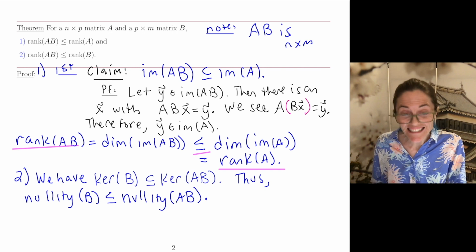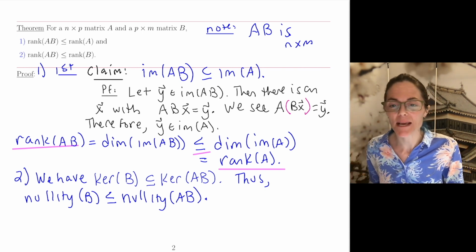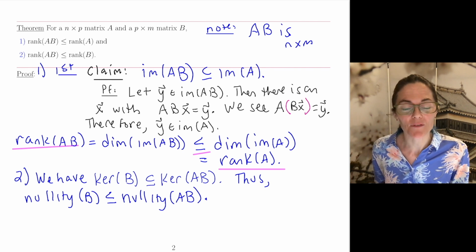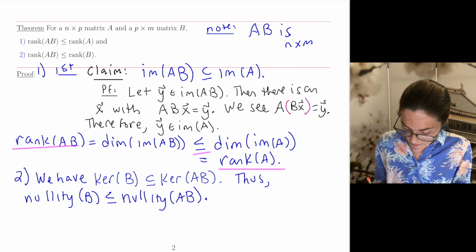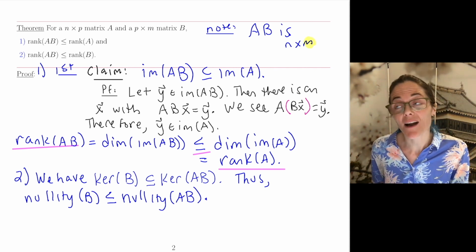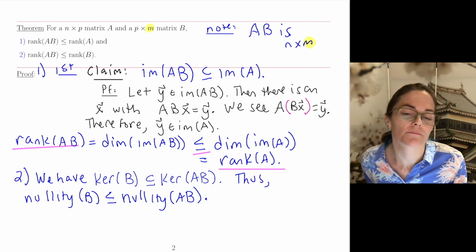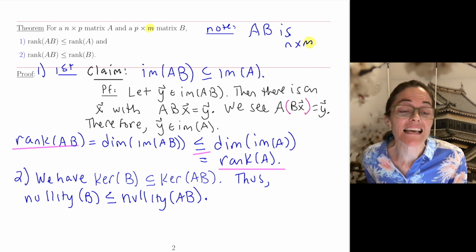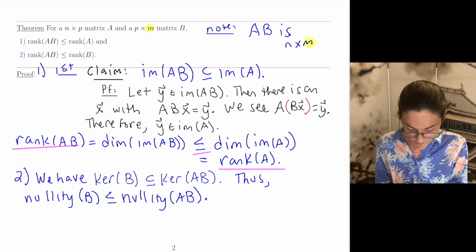Right? Fantastic. Well, we're trying to say something about the rank. But if you think about this, what is the number of columns of the product? The number of columns of AB is M, and the number of columns of matrix B is also M. So we can use the rank nullity theorem.